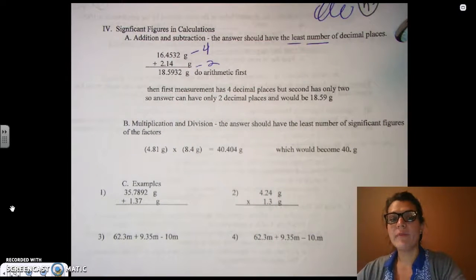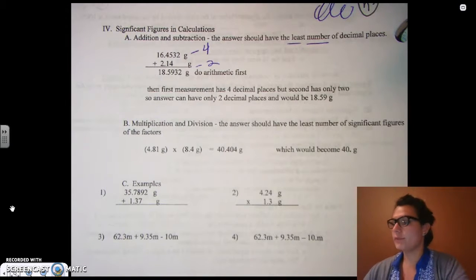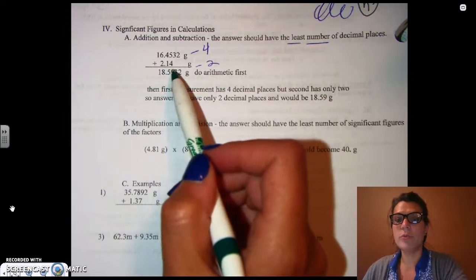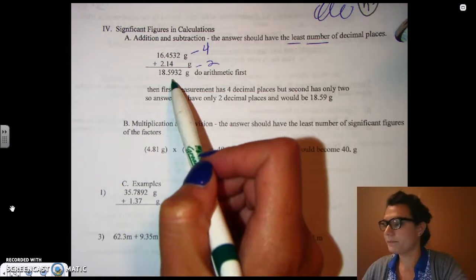Now before I figure out how many significant figures I put past the decimal, I'm going to do the math first, okay? So if I was to do 16.4532 plus 2.14, my answer is going to be 18.5932. This is what my calculator is going to give me.